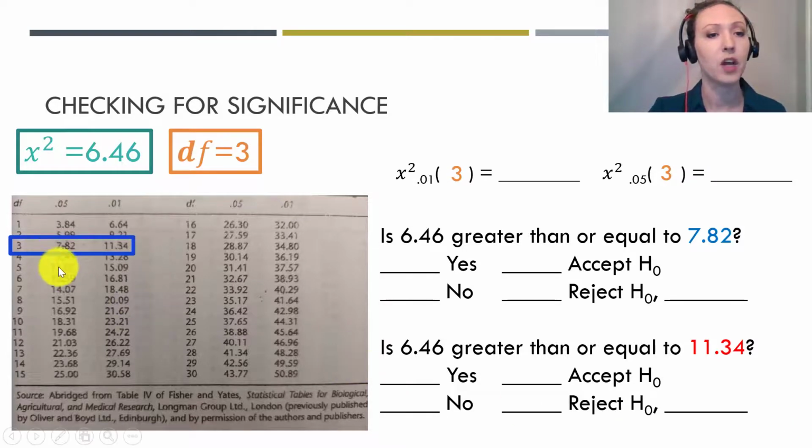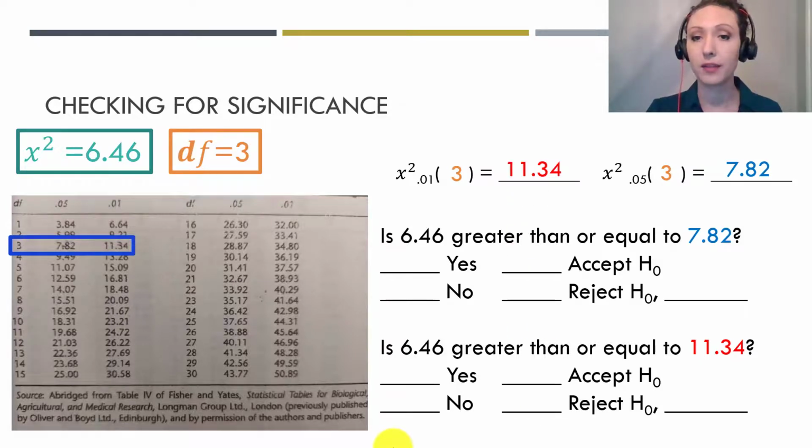Okay, so we have the 0.05 value here, the 0.01 value here, and then we have our 3 degrees of freedom here. Okay, so we're going to go ahead and plug those values in. So for our 0.05 value, we have 7.82, and then for our 0.01 value, we have 11.34. Okay, and then we're just going to go through the same process that we've gone through before.